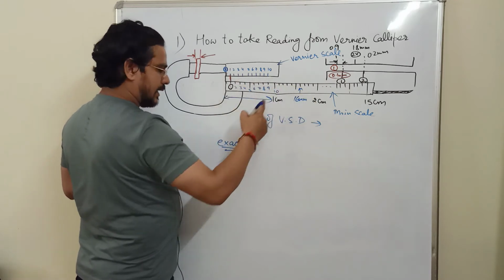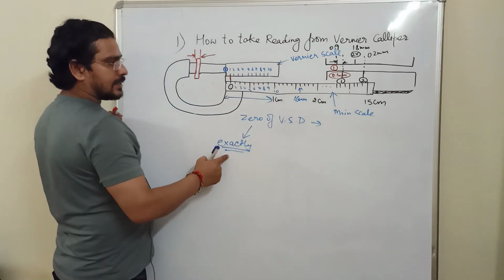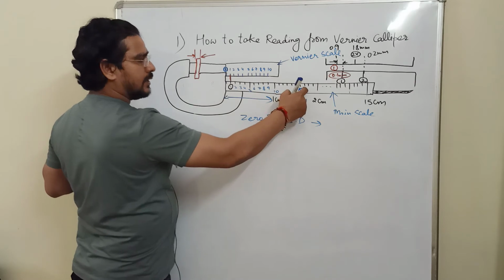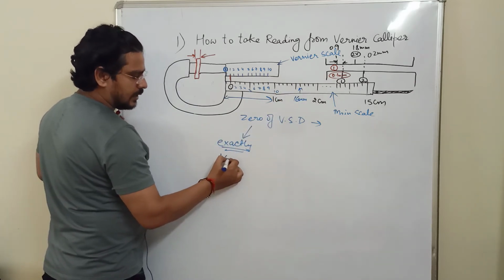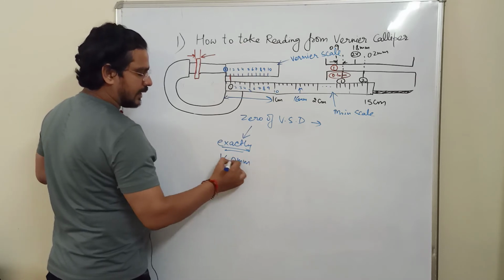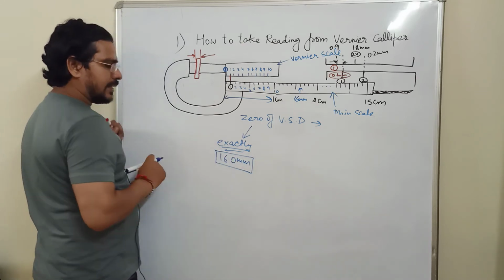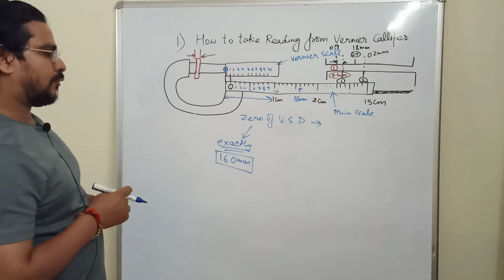If the 0 of the vernier scale is coinciding exactly with the 16 mm mark, your reading is 16.0 mm. That's it. I will also explain these readings by the application of the formula.